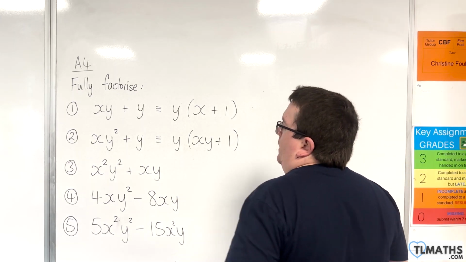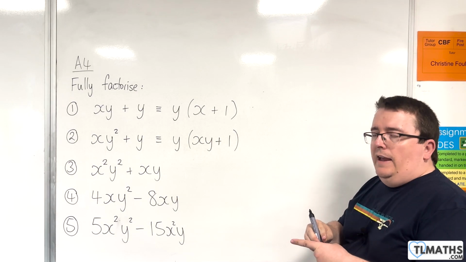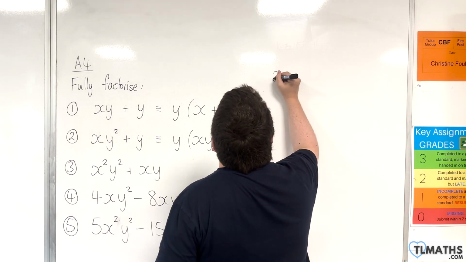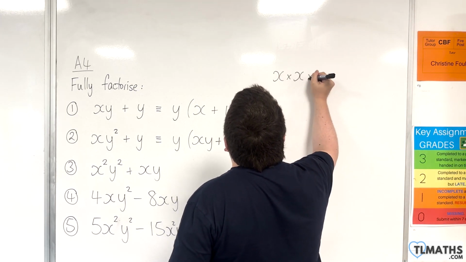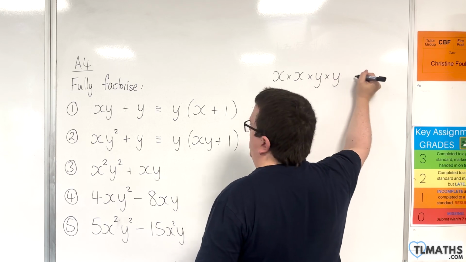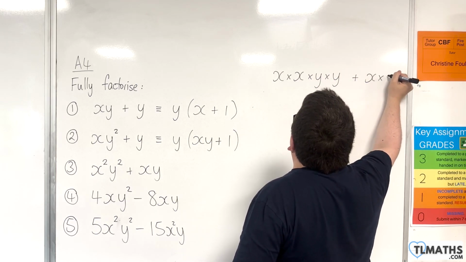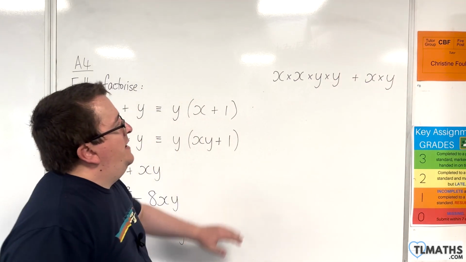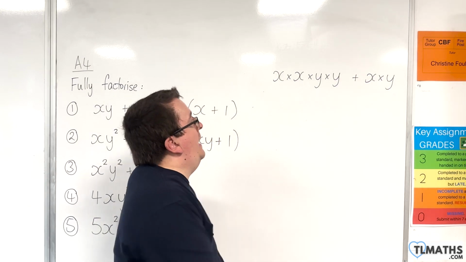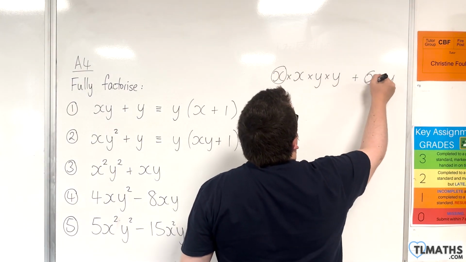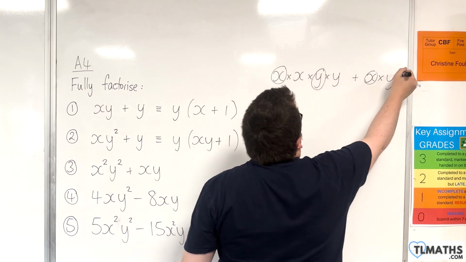How about number 3? x squared y squared plus xy. So we have x times x times y times y plus x times y. Now both of those terms have an x in common, and both of them have y in common.